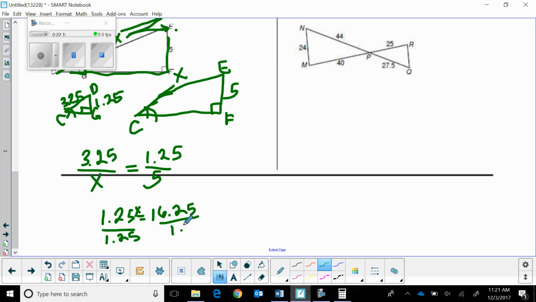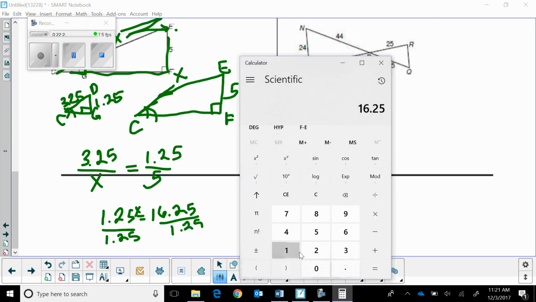So let's see how many times 1.25 goes into 16.25. So 16.25 divided by 1.25, and that gives us 13.